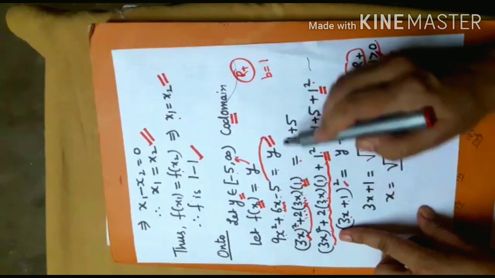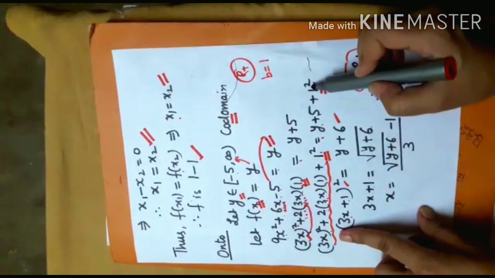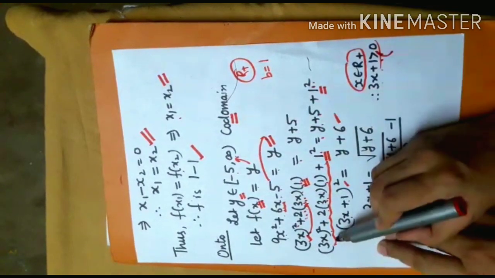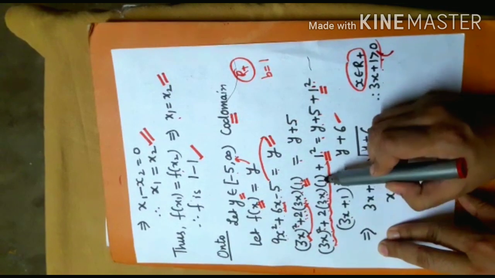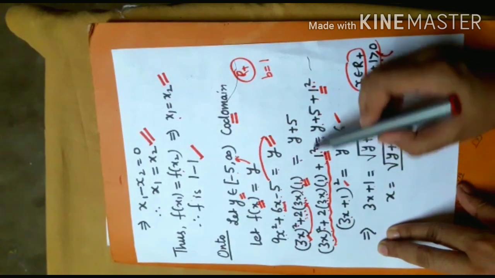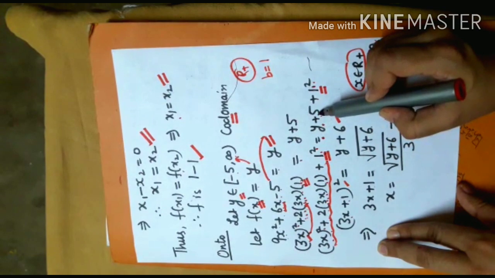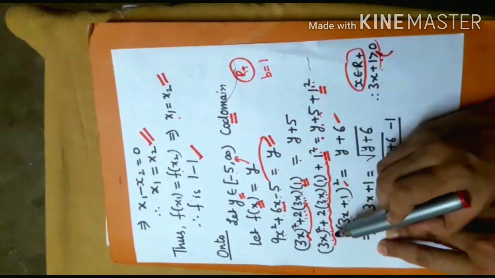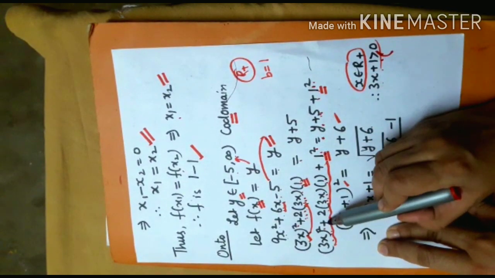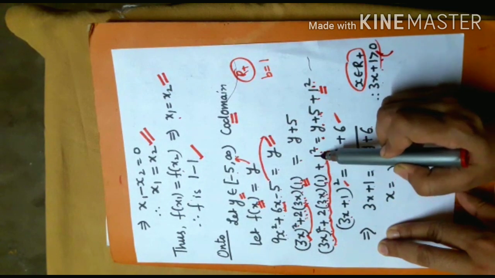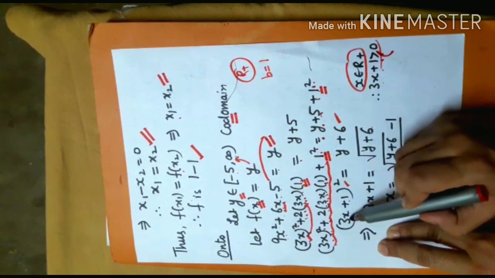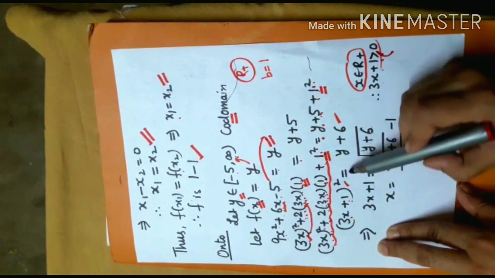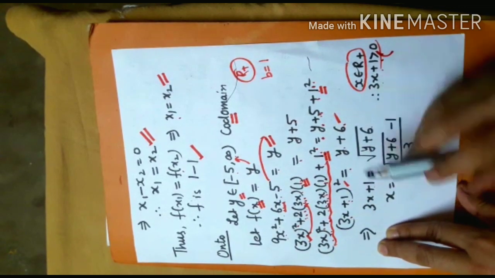So what I do, I'll add the square of 1 to both sides. So here I'll get (3x) whole squared plus 2 into 3x into 1 plus 1 squared equals y plus 5 plus 1 squared. Now look here, it is a squared plus 2ab plus b square, which is (a plus b) whole squared. So I'll get (3x plus 1) whole squared equals y plus 6.